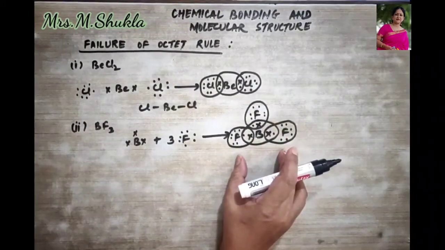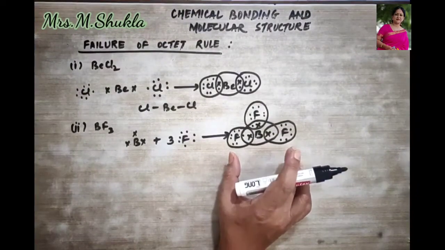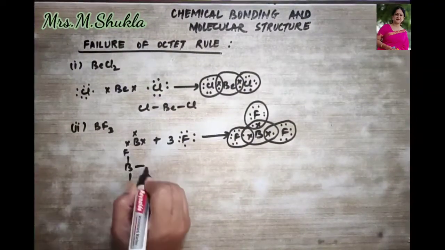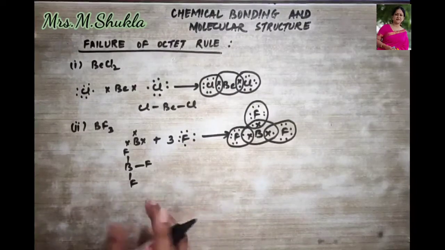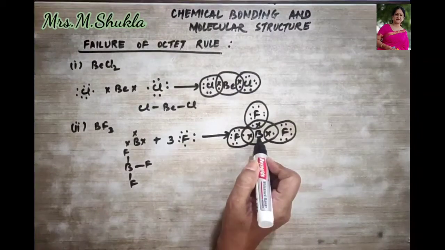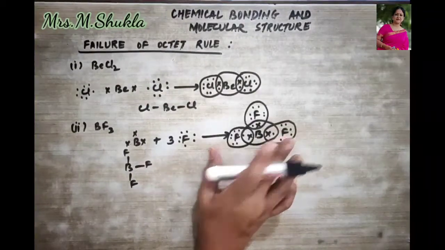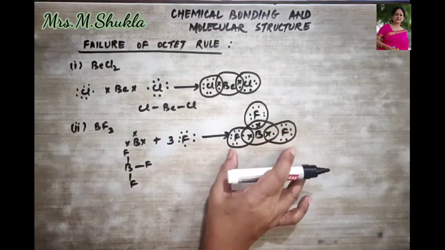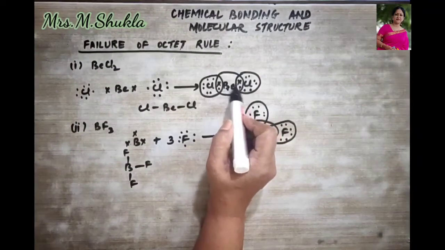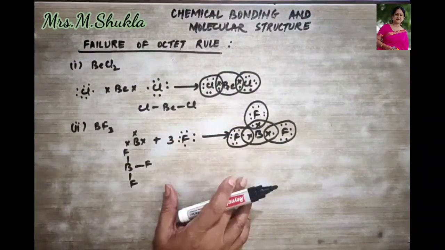No. It has fewer electrons than an octet, but still it forms a stable compound, forming 3 single covalent bonds with 3 fluorine atoms. I hope this is clear. Over here boron attains 6 electrons in the outermost shell, not 8, and still it forms a stable compound. Beryllium attained 4 electrons in the outermost shell, and it is forming a stable compound too.